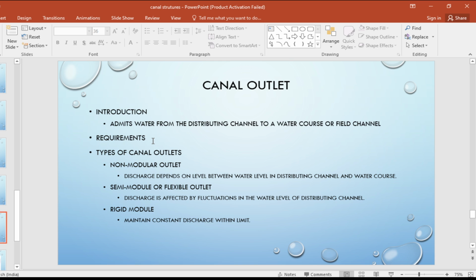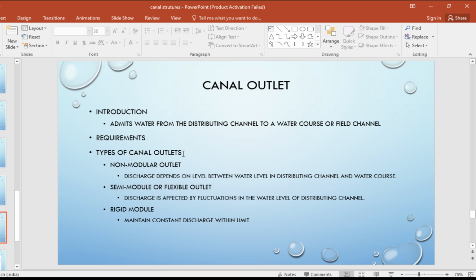Next, the outlet should draw its fair share of silt carried by the distributing channel. It should not be bothered about any silt amount which is carried by the distributing channel.